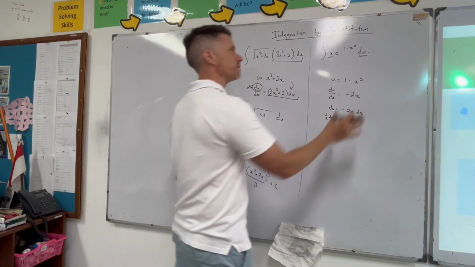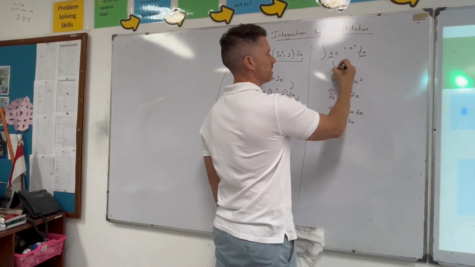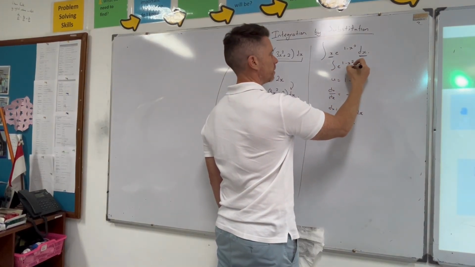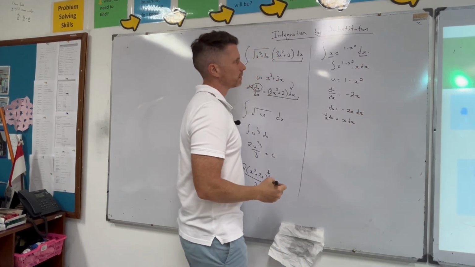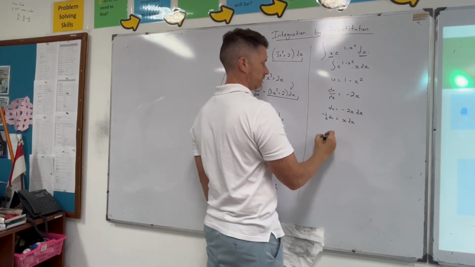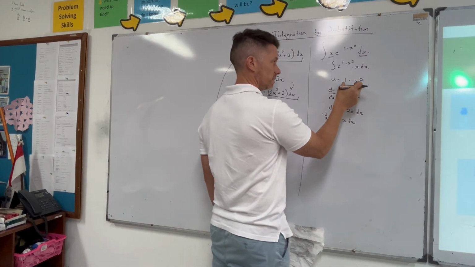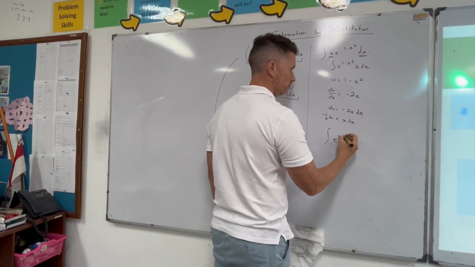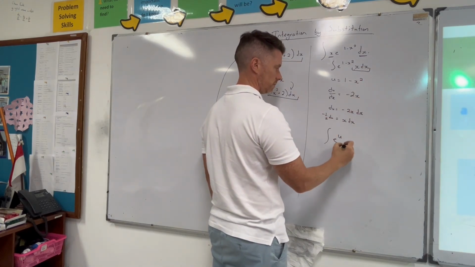If you want, you can rewrite this initial statement as e to the 1 minus x squared times x dx. And now I'll do the substitution part. U is this, so this is e to the power of u, and x dx is now a half du.